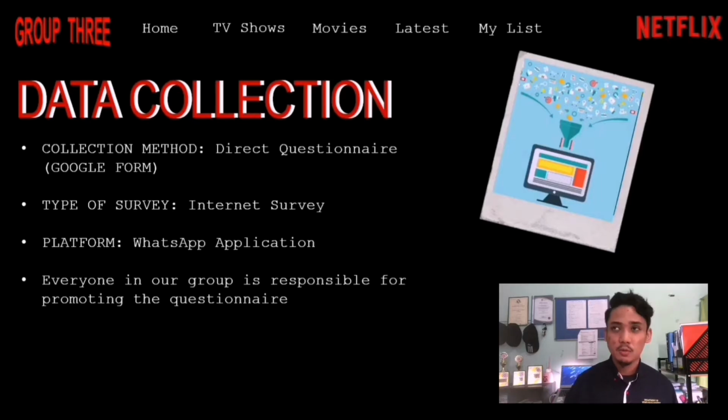We also share the Google Form link with the public using the WhatsApp application. Our group agreed unanimously to share the link to all our WhatsApp groups and contacts. We also targeted to get 10 respondents each from all of us, and in the final result, we got 50 respondents in a week using this method.